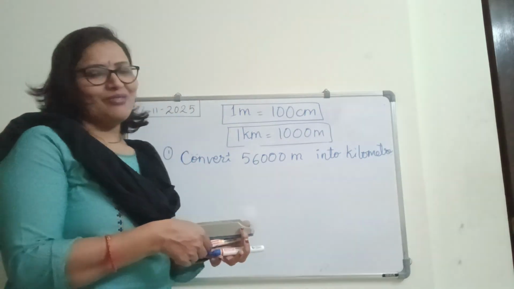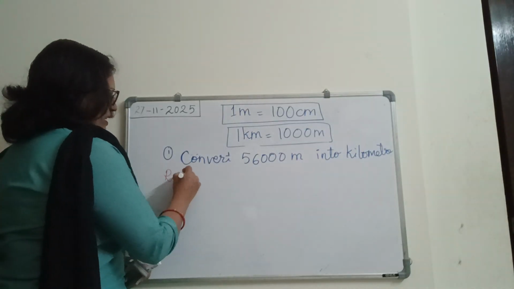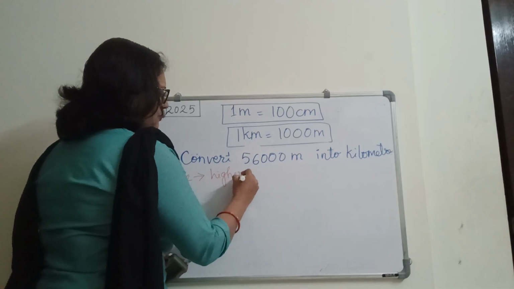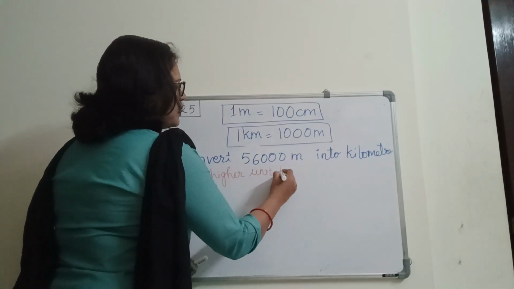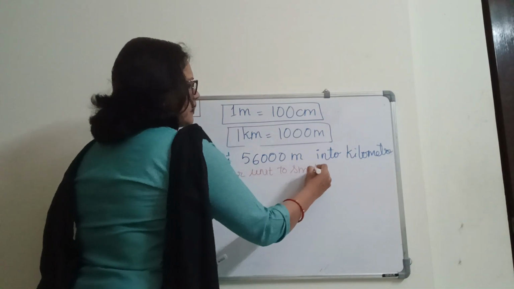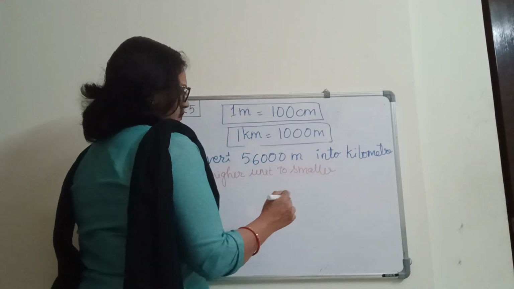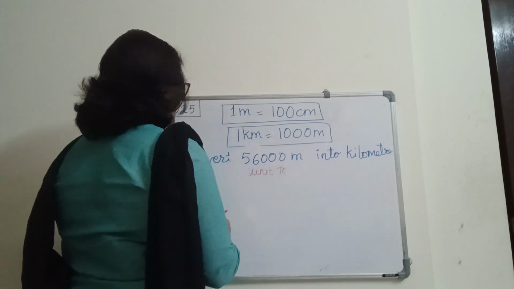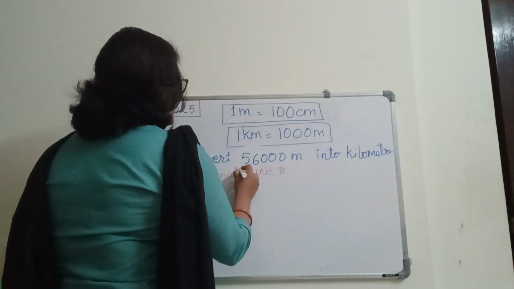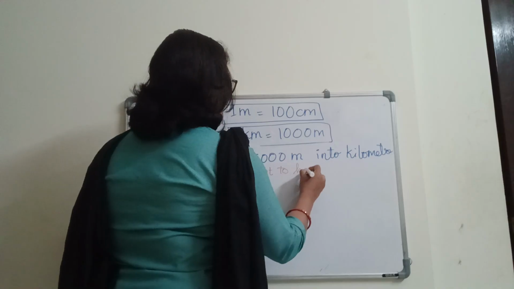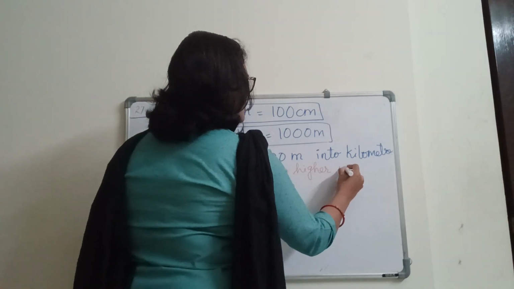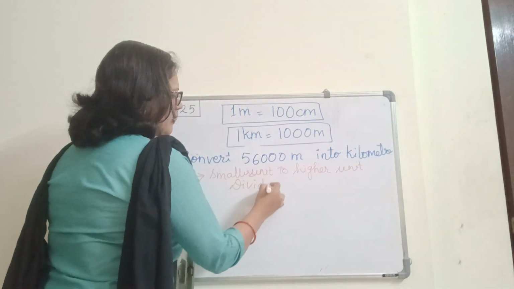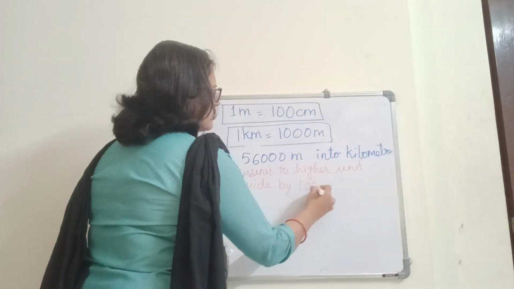You have to divide. So the rule here: when converting a smaller unit to a higher unit, we have to divide by 1000.